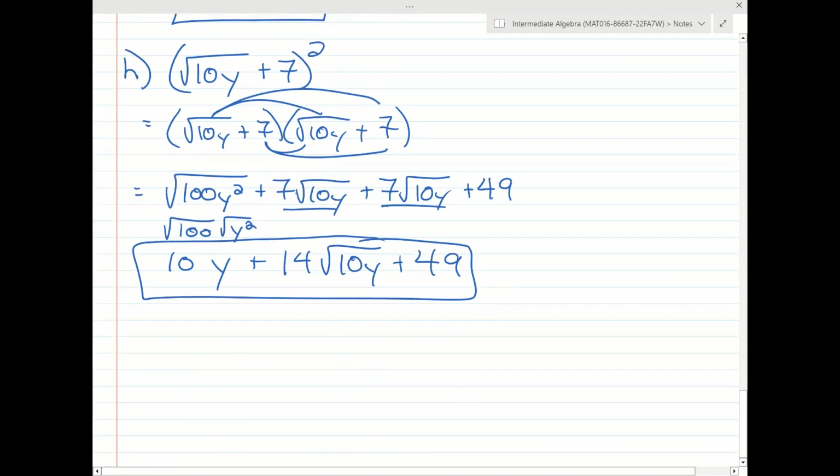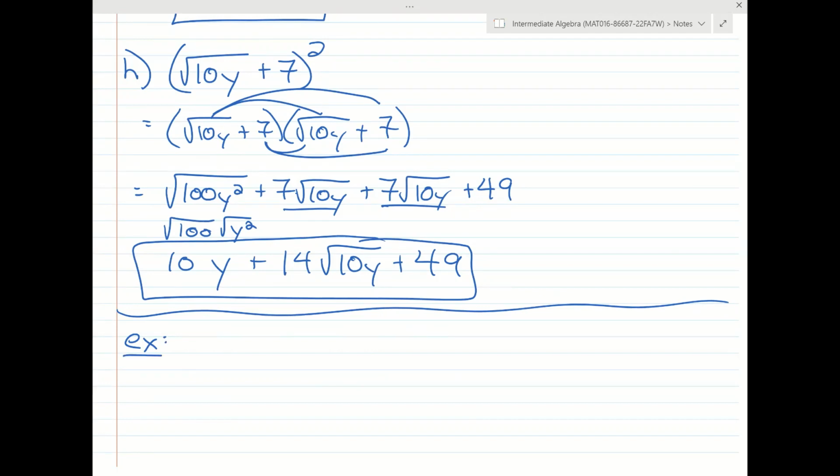That's pretty much how we multiply radicals. And then we'll finish this section with talking about dividing. We'll just say divide and simplify.